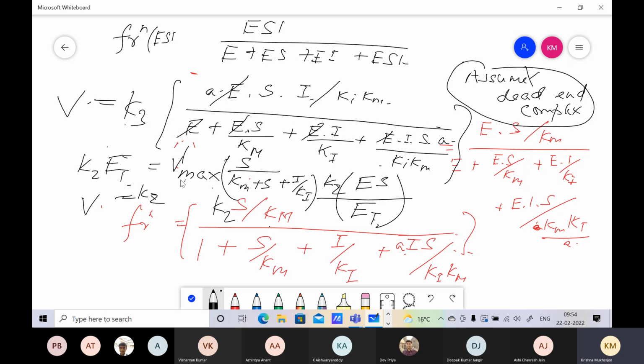And so Vmax is K2 ET into the fractional saturation, S upon Km plus S, or S upon Km plus S plus I by Ki, or S upon Km plus S plus I by Ki plus, sorry, here, plus AI into S upon Km Ki.